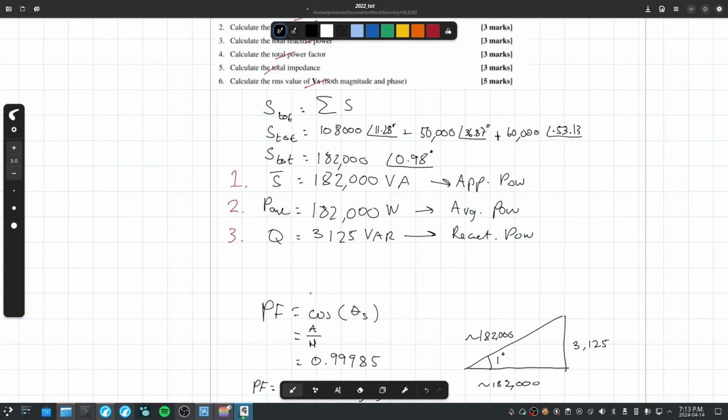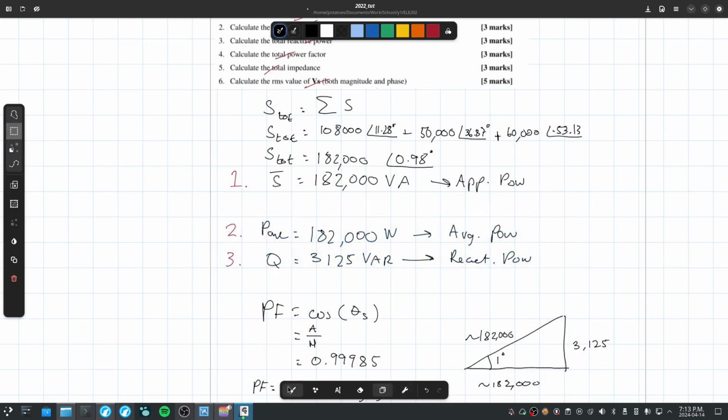The magnitude is 182,000 volt-amps. That's your apparent power. Your P average is just going to be the sum. So P av total is equal to the sum of P averages. Let me just write tot here.